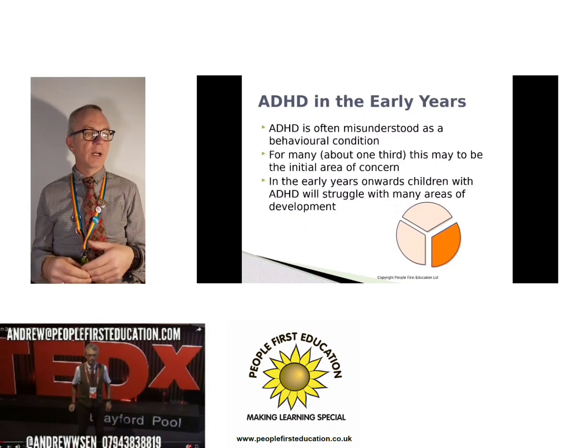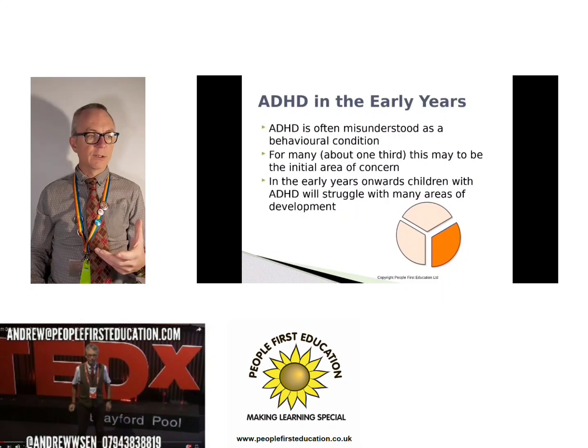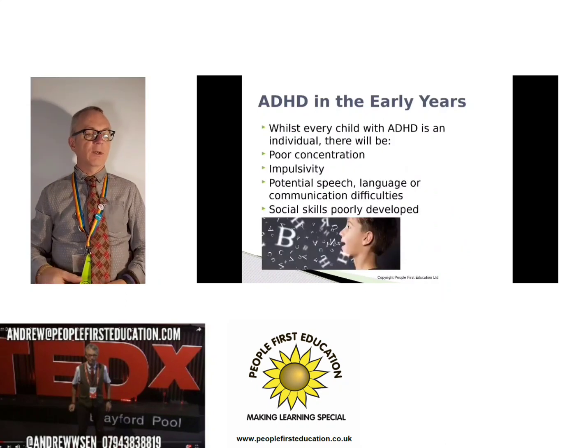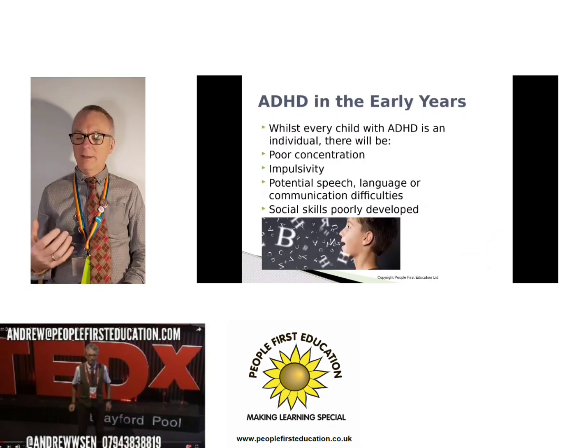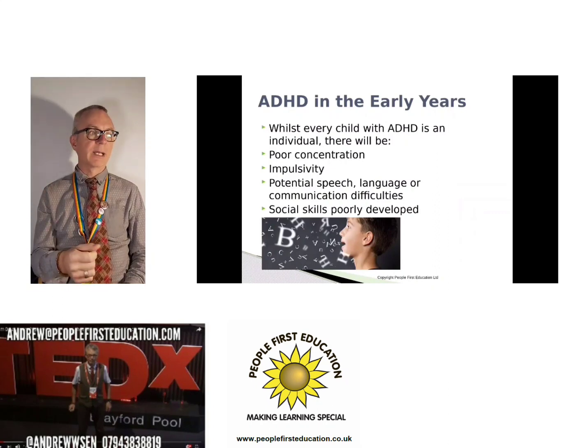In the early years onwards, children with ADHD struggle with many areas of development. It is a developmental condition as well as a neurological one. Here are some of the issues you might see. I have to say that, like any condition, if you've met one person with ADHD, you've met one person with ADHD.